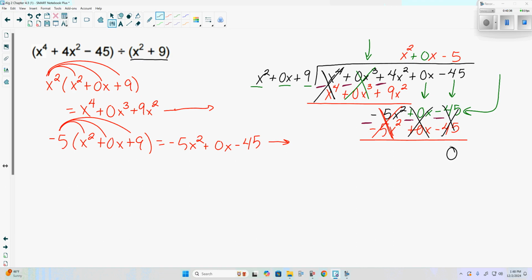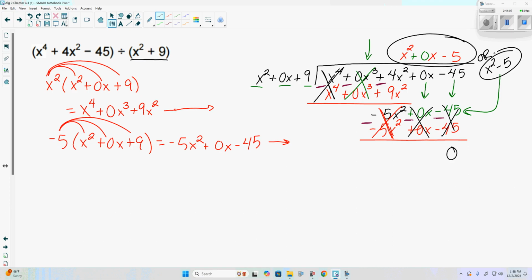So here the remainder is 0. So x squared plus 0x minus 5 is our answer, or we can just say x squared minus 5. We don't have to leave the 0x terms there. And that's it. If the remainder is 0, we just write what's on top of that division symbol, so x squared minus 5. That's it.